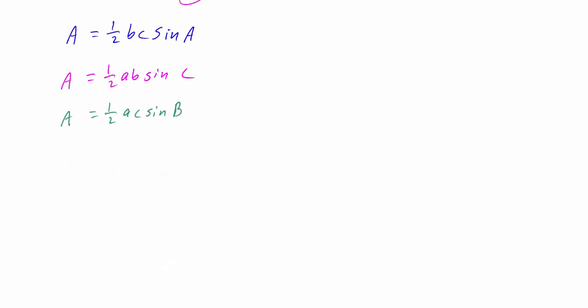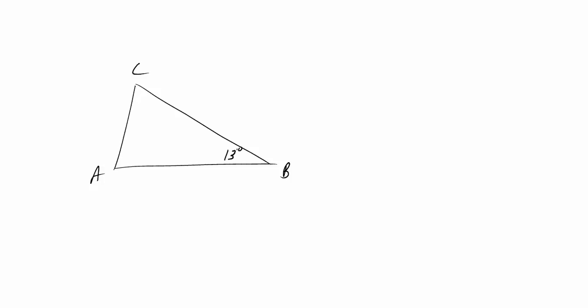So let's look at an example of how we can find the area. If we have the following triangle, and let's say that we know this angle is 13 degrees, this is 92 inches, and this side is 30 inches.